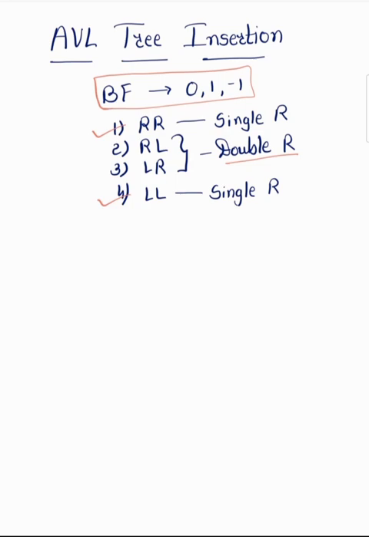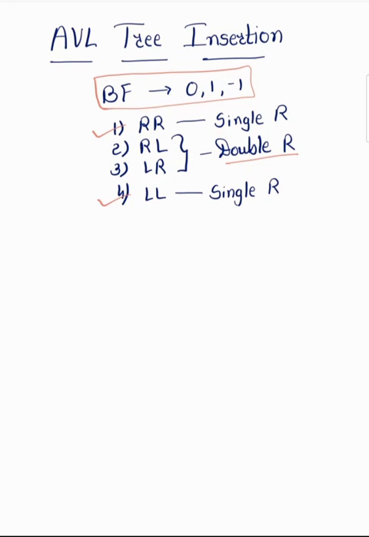Previously the newly added node was on the same side, left of left or right of right, but when it is on the reverse side, like left of right or right of left, then we require double rotation, either LR rotation or RL rotation. You might get confused, so let me explain this with an example.